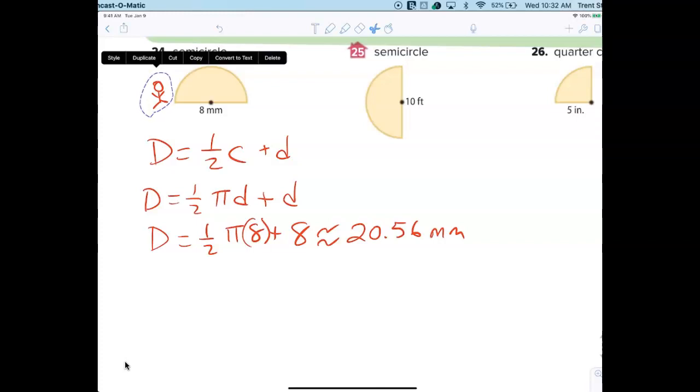Now, I'm trying to find this right here. You're up. How do I find that area?